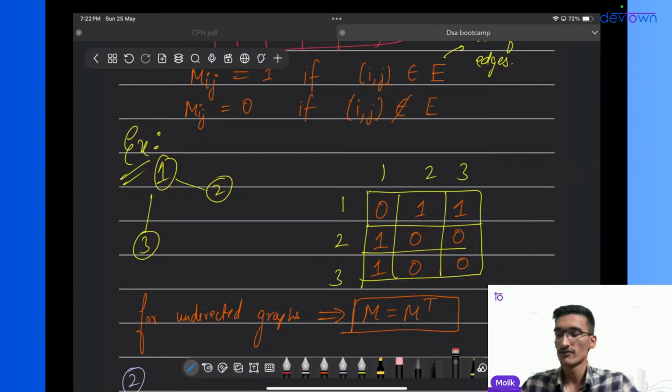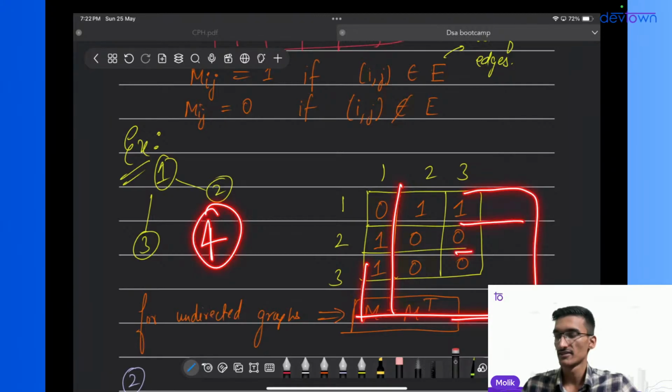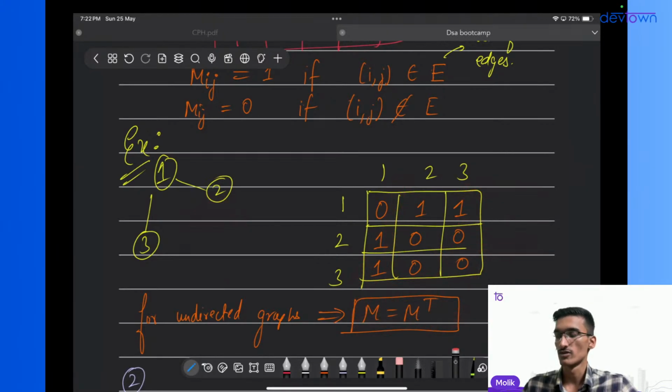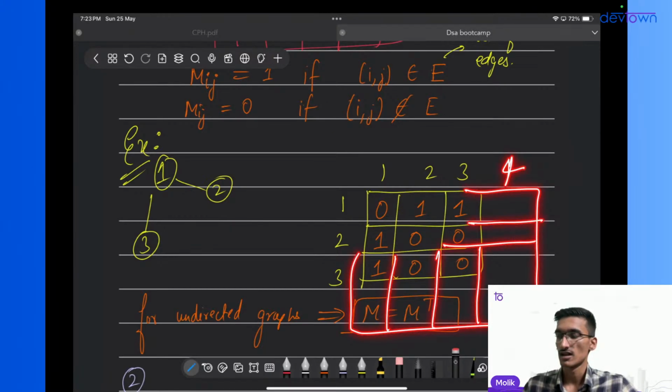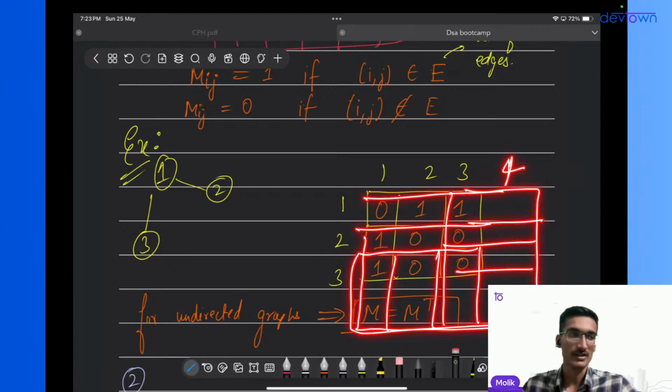Can you think of it? What is the problem with the adjacency matrix approach? If we are representing this graph using an adjacency matrix, what is the issue here? How will the matrix change? What will the matrix look like? Where can we optimize it better?